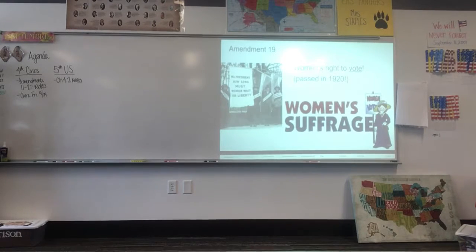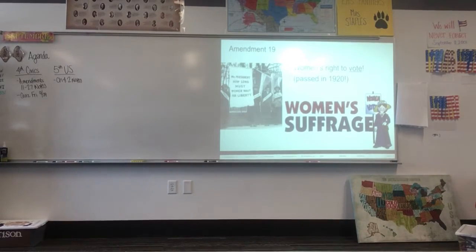Amendment 19. Ladies, this is a very, very important amendment. Women got the right to vote. And it was passed in 1920. Women have not even had 100 years of rights to vote. I forgot that one lady who made them get the right to vote. What's her name?